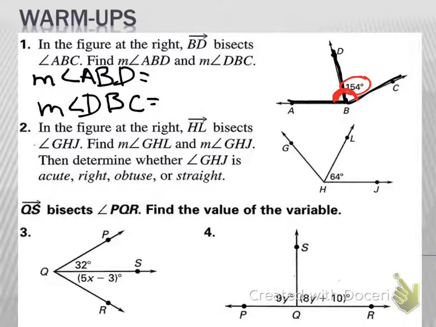The whole thing's 154. What would it be? Yeah, you just take 154 and you divide it by 2. 77. Good. Both of these small angles must be 77 degrees.